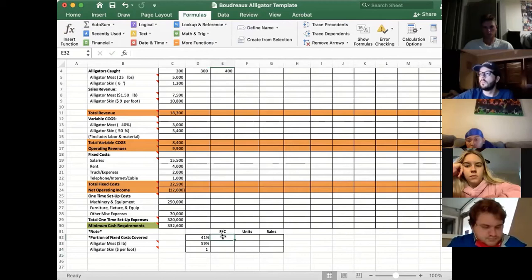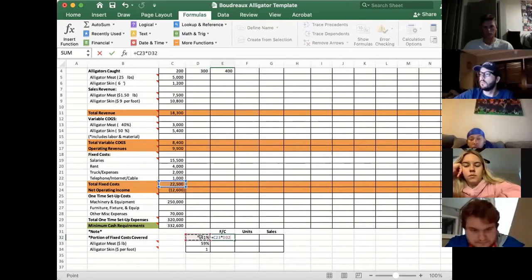So let's look at the portion of fixed cost. All we do is we say the fixed cost times 41%, and we know $9,221 is covered by the meat.